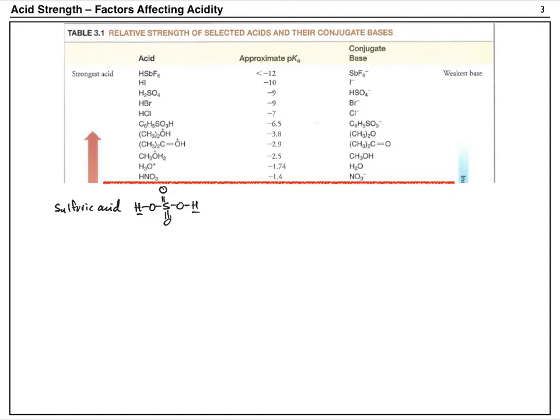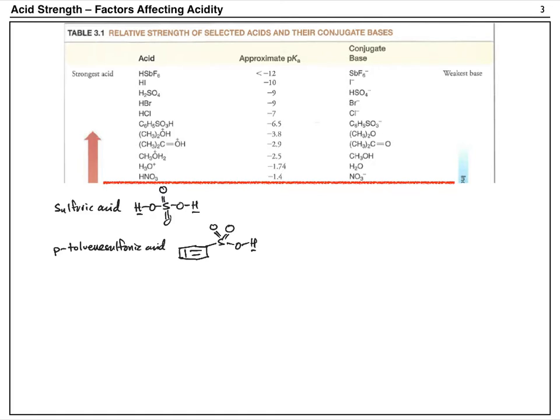Let's compare that to the following molecule that's listed, which is called a sulfonic acid. It's essentially a carbon-based derivative of sulfuric acid that makes it soluble in organic solvents. So there's the benzene ring. It's attached to the sulfur, and then we have the acidic hydrogen there.